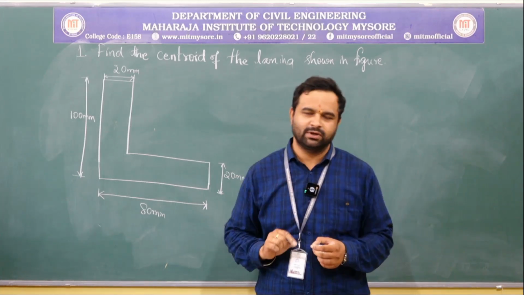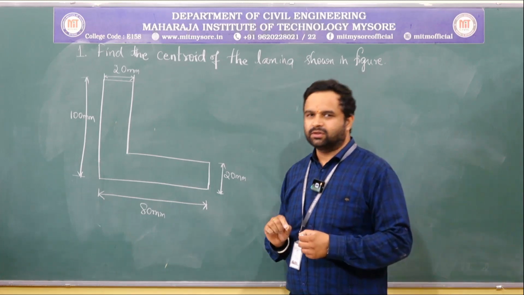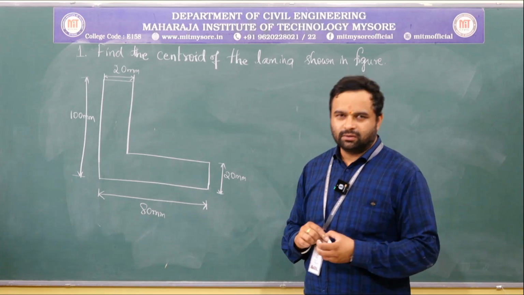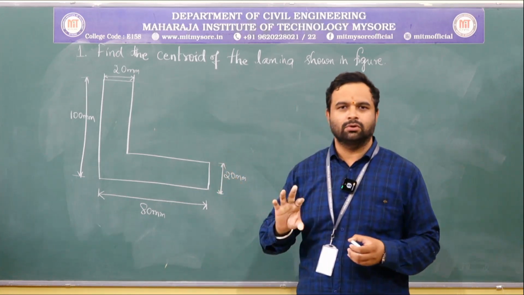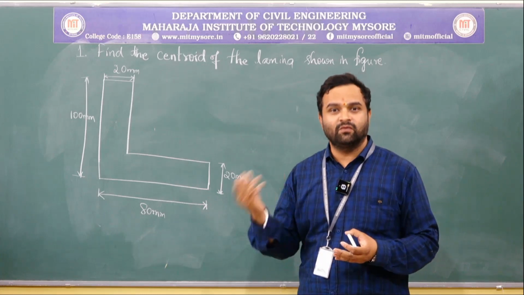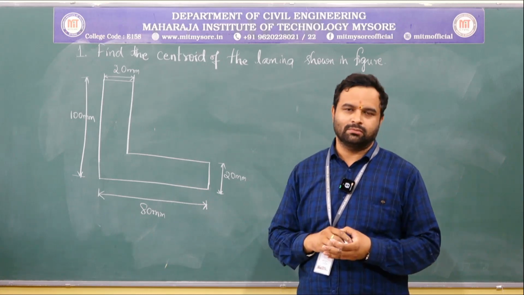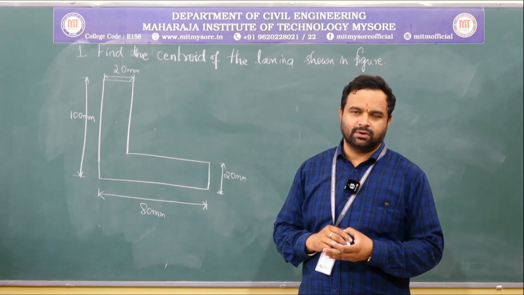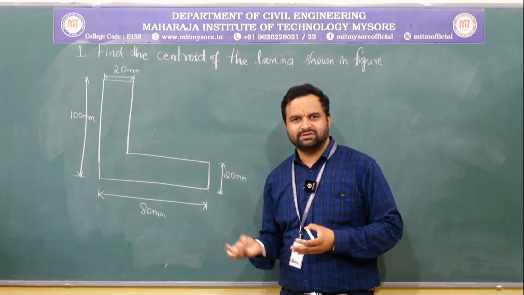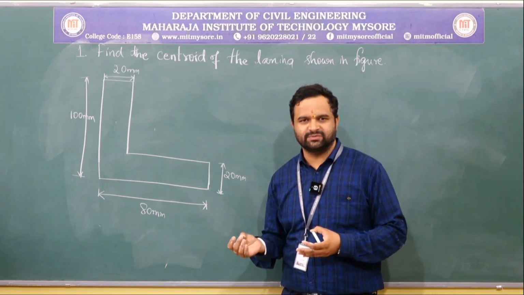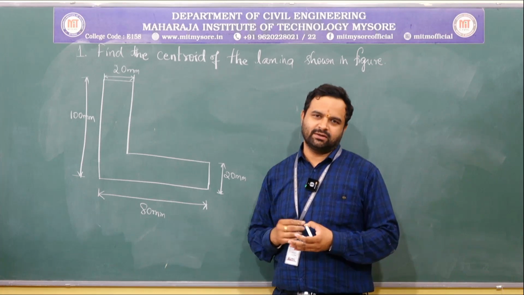And then the third step is you need to divide the figure into known components whose centroidal values are known. We have already discussed that in the previous sessions. We know the centroidal formulas for rectangle, triangle, semicircle, quadrant of a circle.